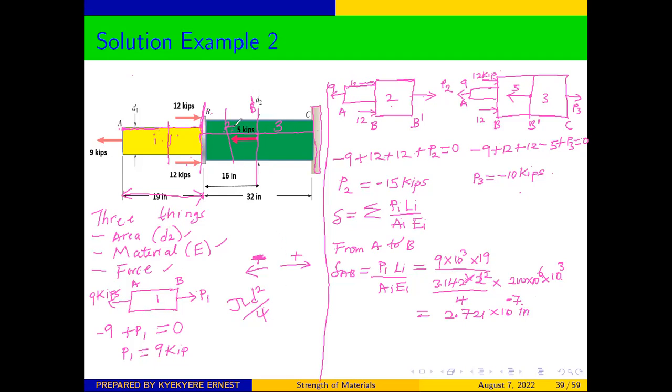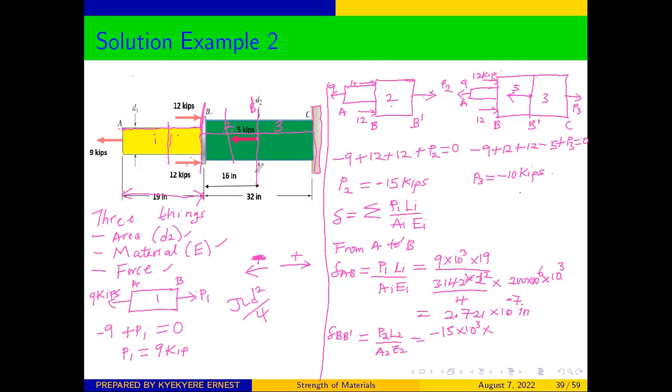And we need to calculate the deformation in the second section, which is B to B prime. So we can say that delta B to B prime will be equal to P2 L2, that is section 2, over A2 E2. And from there, we know that the internal force in section 2 was P2, which is -15 kips times 10 to the power 3 times the length of the section.